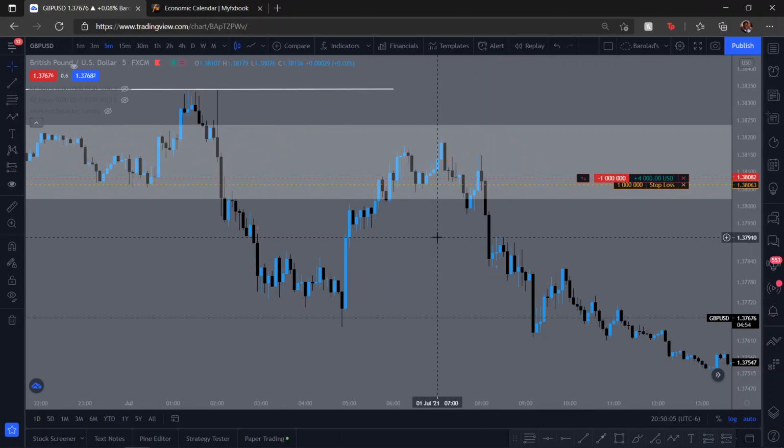Now if you notice, this entry lines up with the crux of the New York session being traded here. We had this step down. This would have looked like a break and retest to trap a lot of retail traders long.